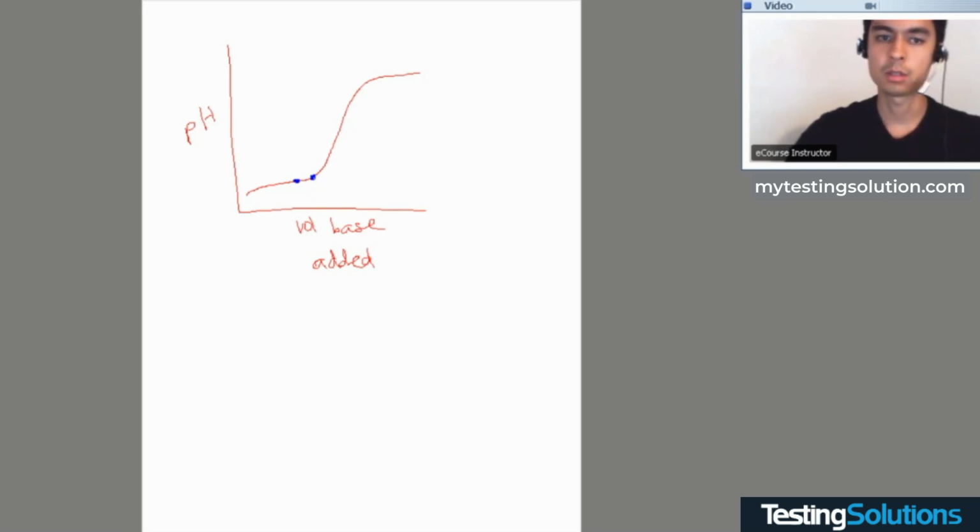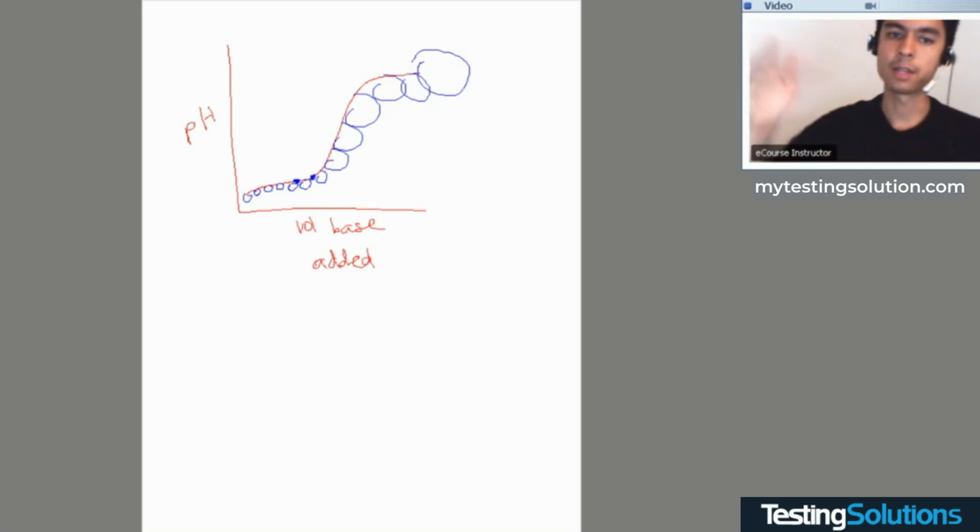Yeah, absolutely. It operates on this gradient, right? There's this spectrum. Very little is present here. A lot is present here in terms of the conjugate base. And I still have a little bit more. And you can see that it is sort of this gradient in terms of how the quantities increase as you add more base.